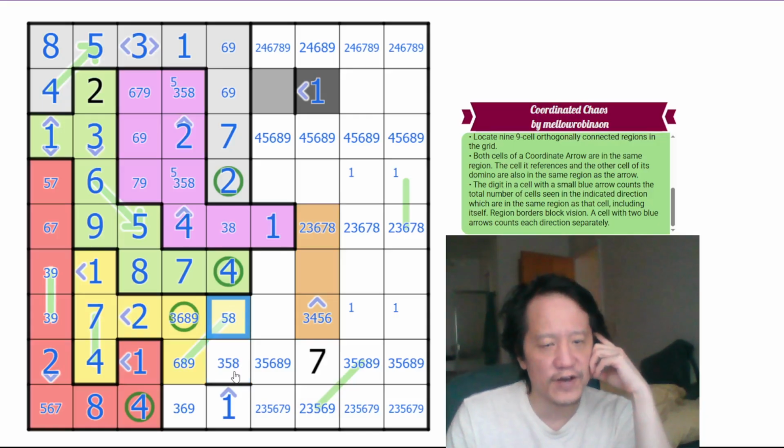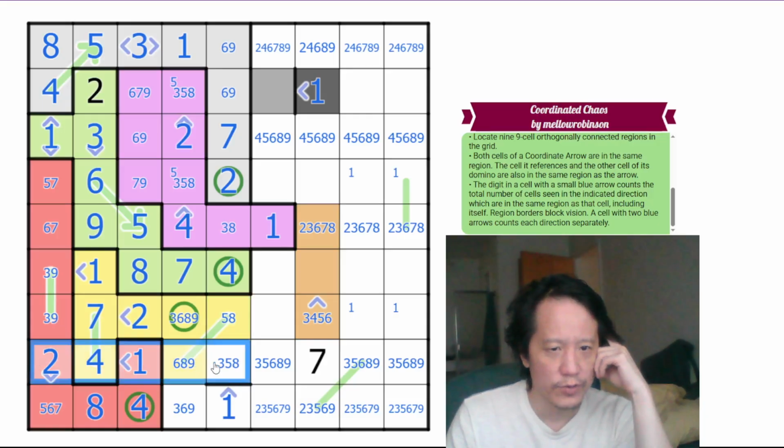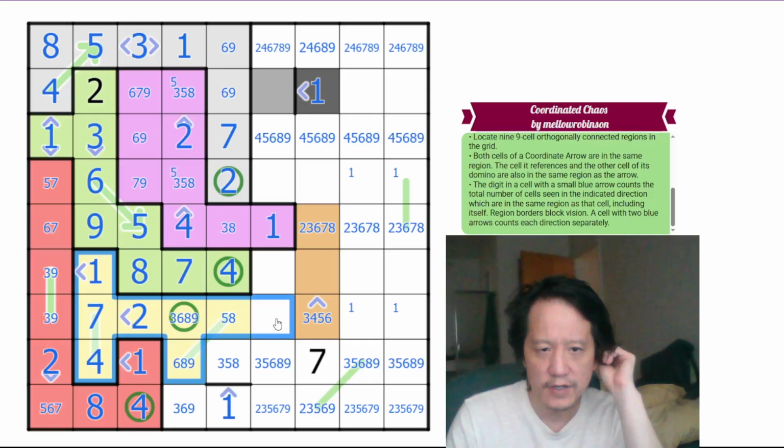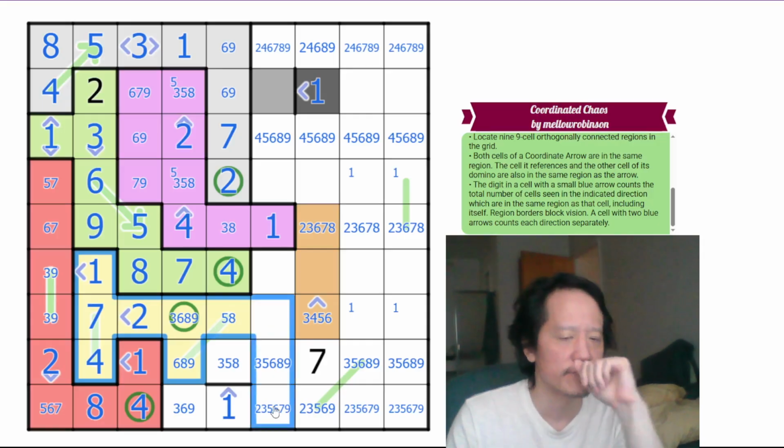So again, if this is 5 and 8, it would be row 8, column 5. It can't be 9 and 5 because that would be a 1, and we already have a 1 in the region. It can't be 9 and 6. It can't reach there. 1, 2, 3, 4, 5, 6, 7, 8, 9, 10 would be 6 and 9.